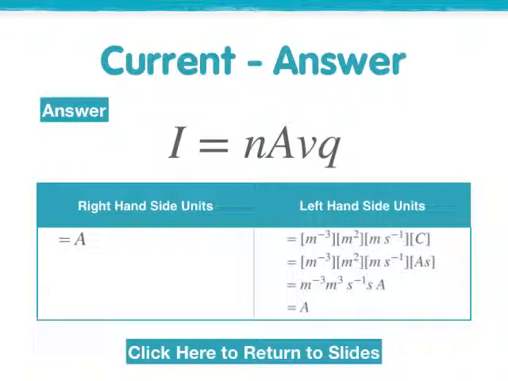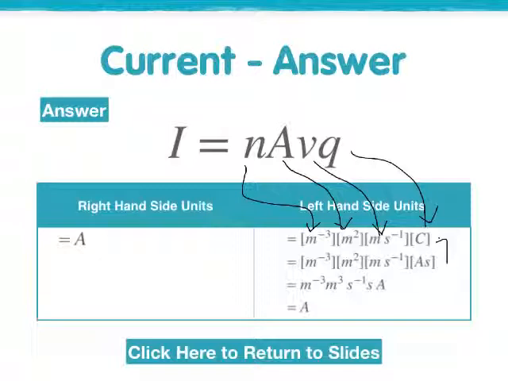Okay, so let's have a look. We have number of particles per meter cubed, which is m to the minus 3. You have the area, which is meters squared. We have speed, meters per second, and charge, which is coulombs. Now expanding coulombs are current times time, amperes times seconds.